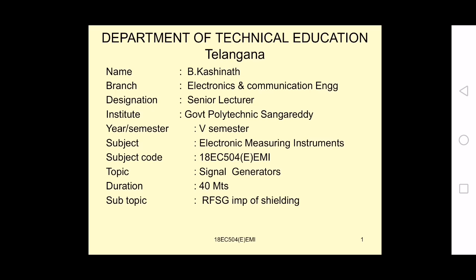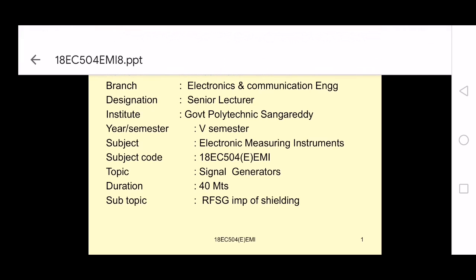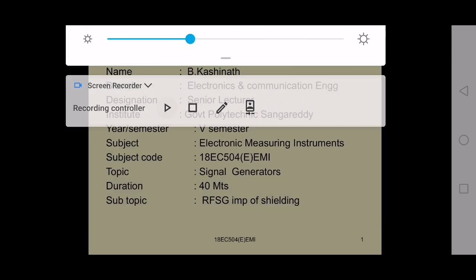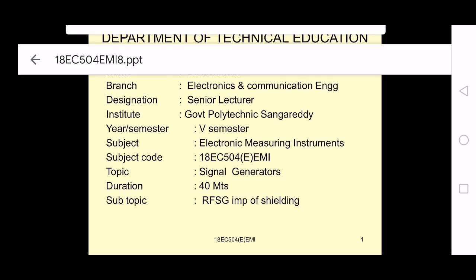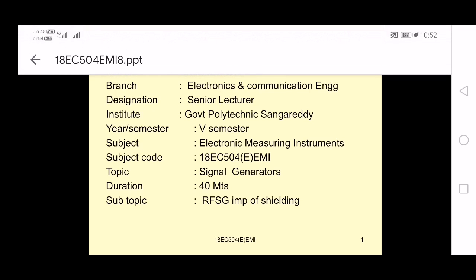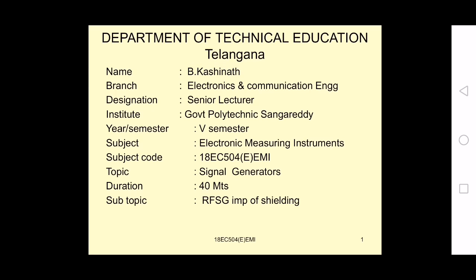So in this chapter we have first discussed about the importance of the signal generators, what is signal generator, difference of the signal generators and the oscillators, and audio frequency oscillator by which we are generating the sine wave and square wave of audio frequency. And next we have discussed about the function generator.